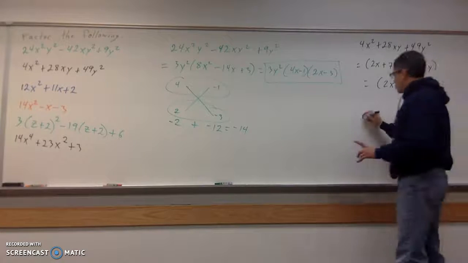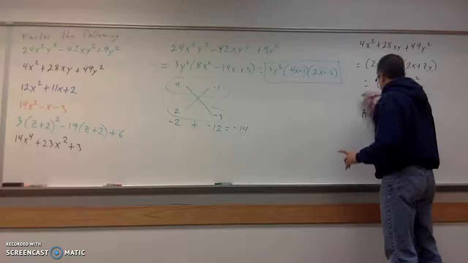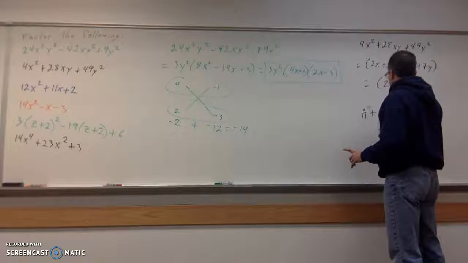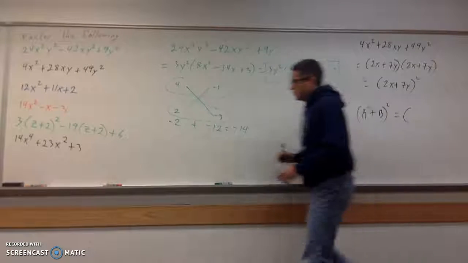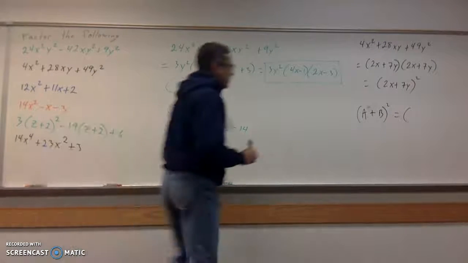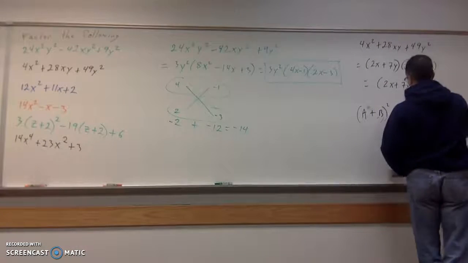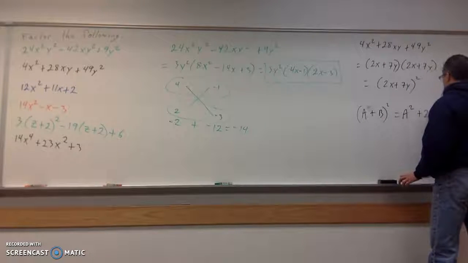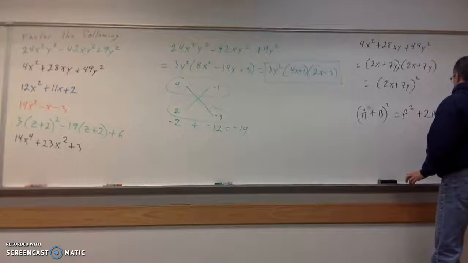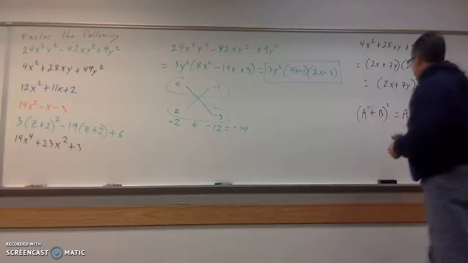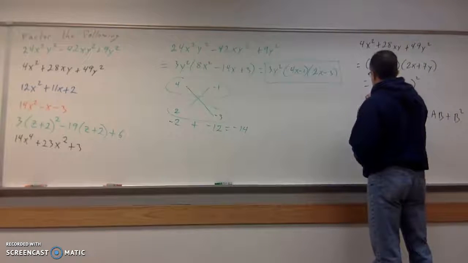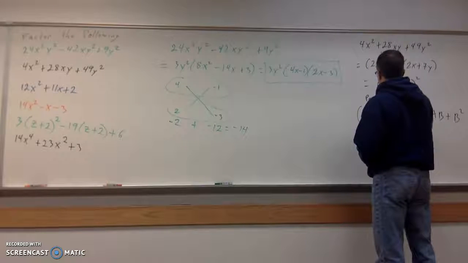If you look at the perfect square trinomial formula, it was a plus b quantity squared. It would look like this. If you looked at my multiplication of polynomials video, you would have seen where I talk about perfect square trinomials a little bit.